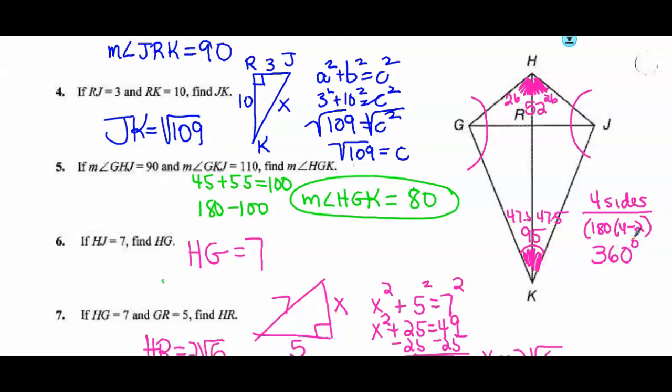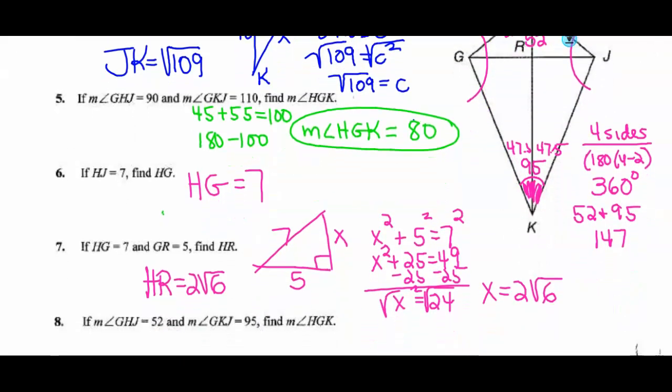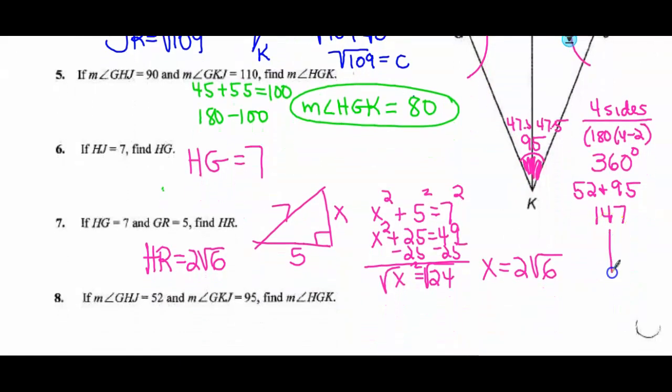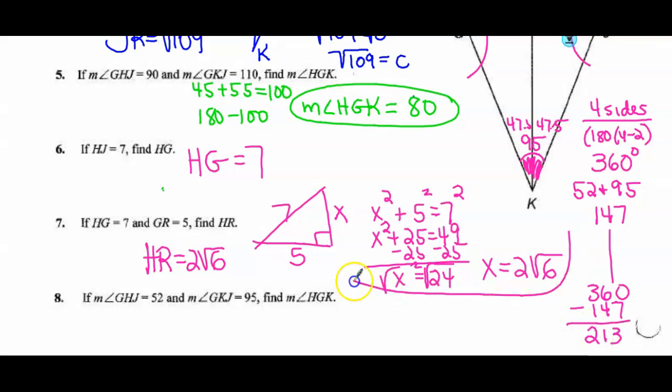If you currently have 52 degrees and 95 degrees, that total is 147. If I take 360 degrees in the kite minus 147, I get 213. So I'm going to take 213 degrees and divide it by 2 because they're equal, and I get 106.5.